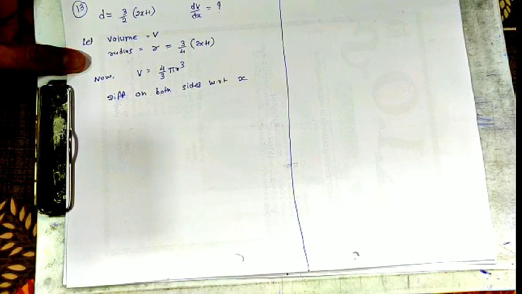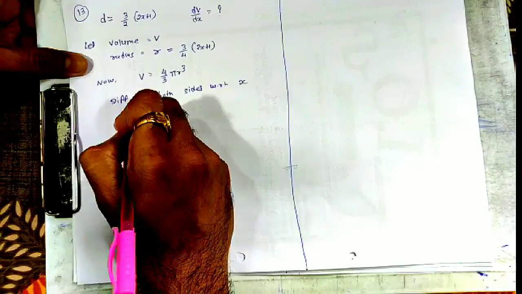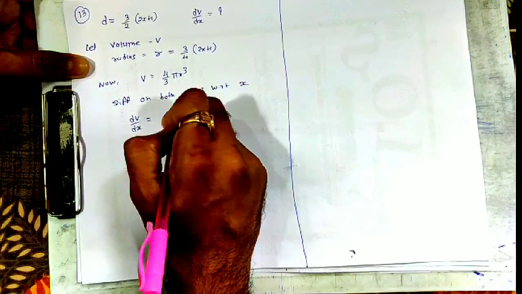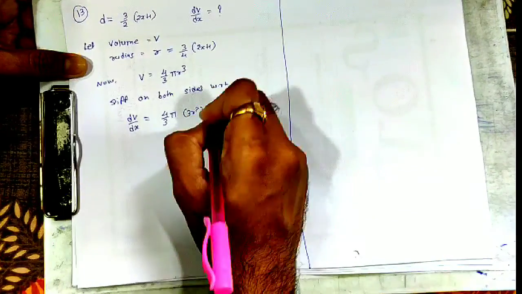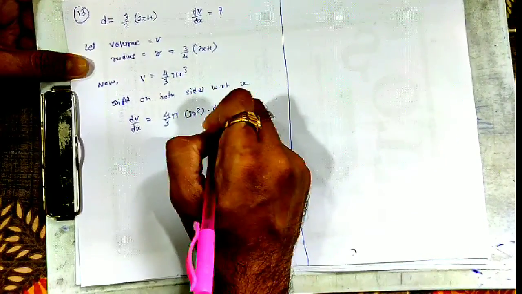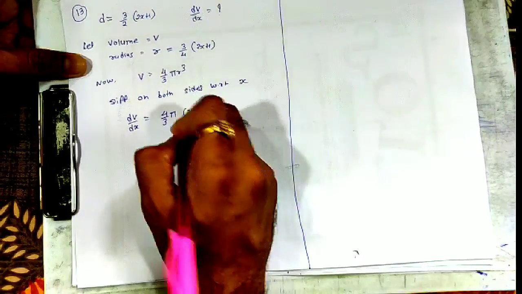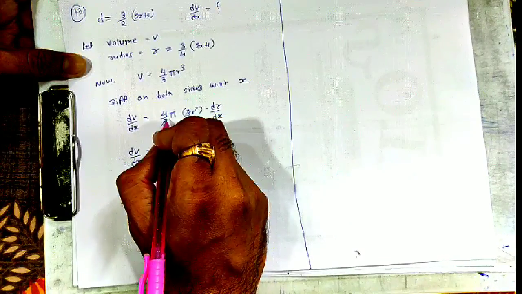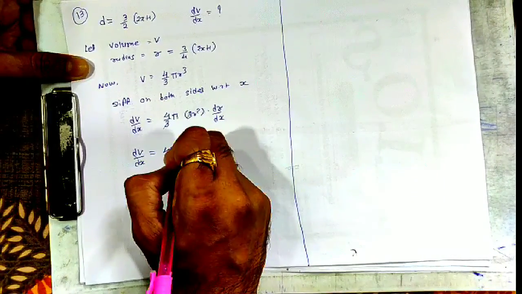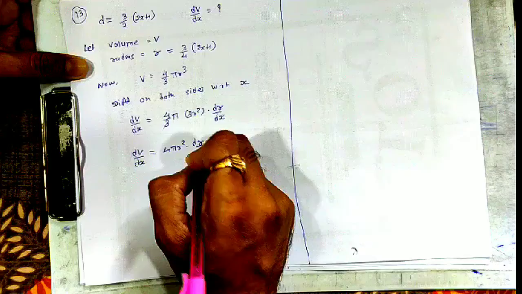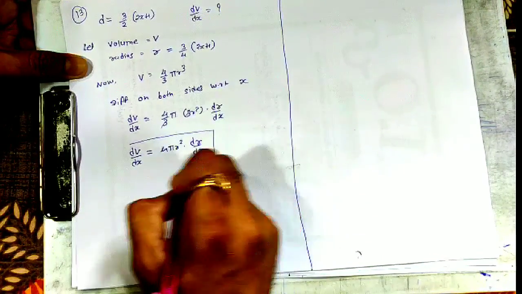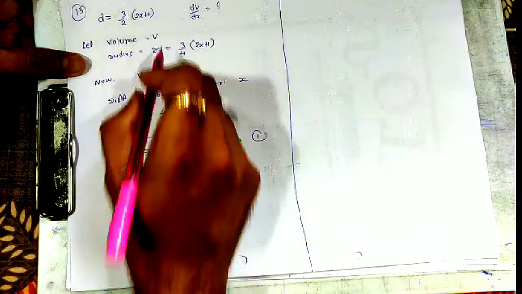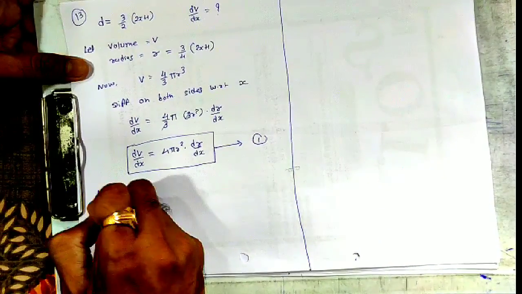We are getting dv by dx equal to 4 by 3 pi into 3r square, and again the differentiation of r with respect to x. The 3 cuts, so dv by dx equals 4 pi r square into the differentiation of radius with respect to x. That we don't have, we have to derive it. So r is given, so now we start with r.